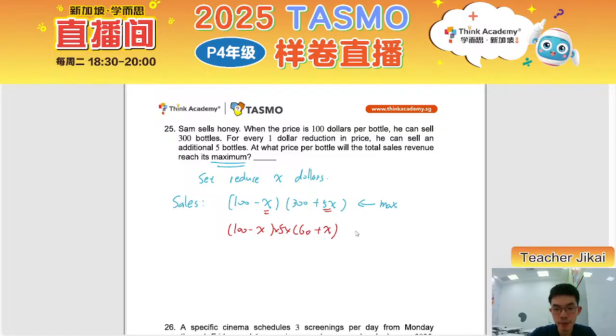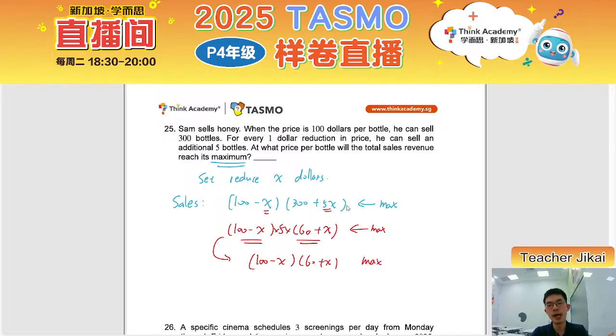At this time, we also want the maximum. So 5 times this part and this part, we multiply them together, and it is the maximum. It's like this one being maximum.